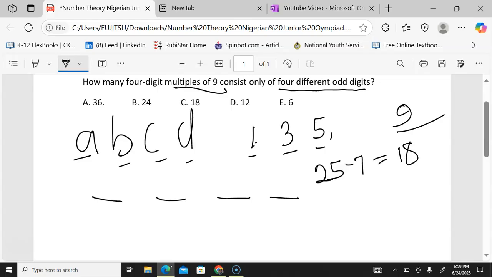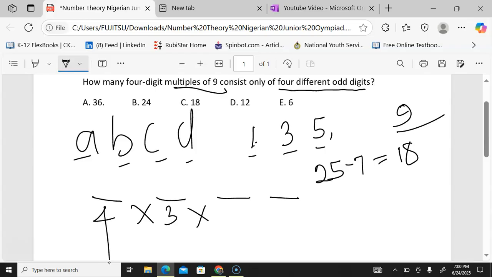So how many permutations? I can call the positions units, tens, hundreds, and thousands. The thousands place can be filled in 4 ways. Once I've done this, the hundreds place can be filled in 3 ways.